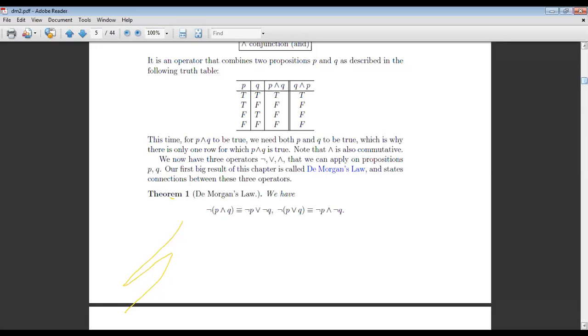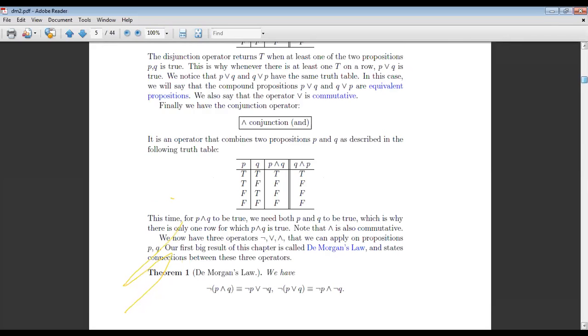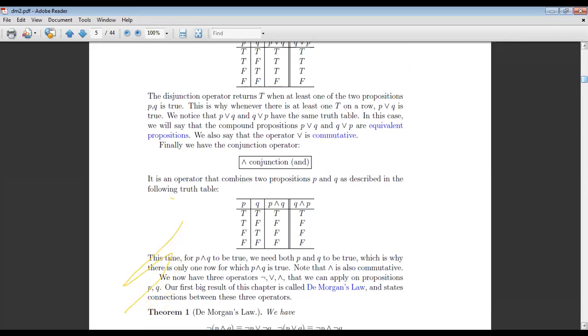Now negation of P disjunction negation of Q. What was in the disjunction part? All the truth values are true other than FF. So FF disjunction is false, and all others are true.